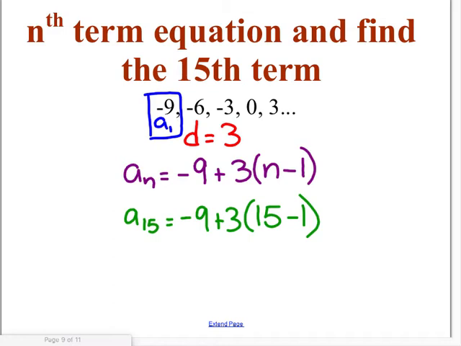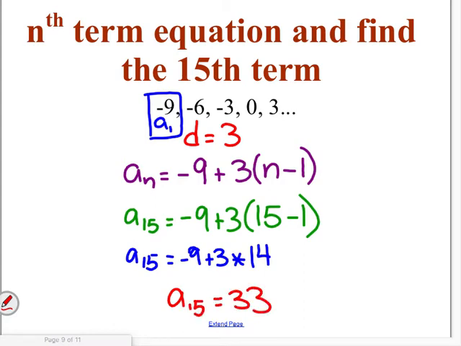So if you want to plug it in right away, make sure those parentheses are in there. If you want to simplify it a little bit first, you could solve the parentheses before you plug it into your calculator and plug it as times 14. Either way, you end up with an answer of your 15th term is equal to 33.